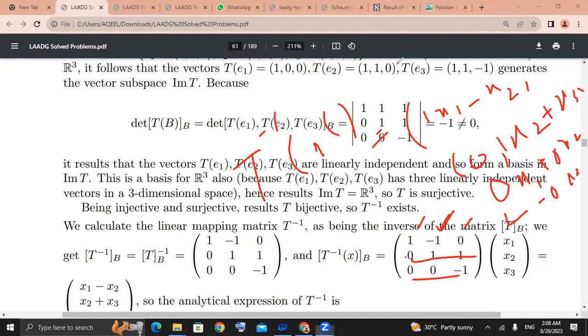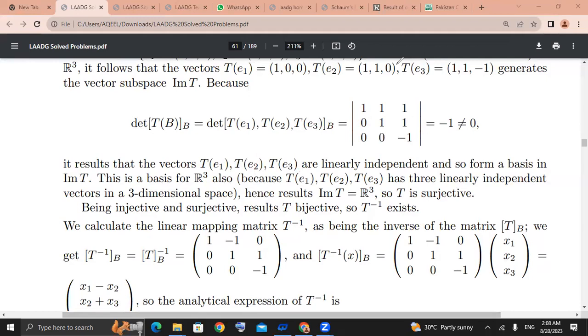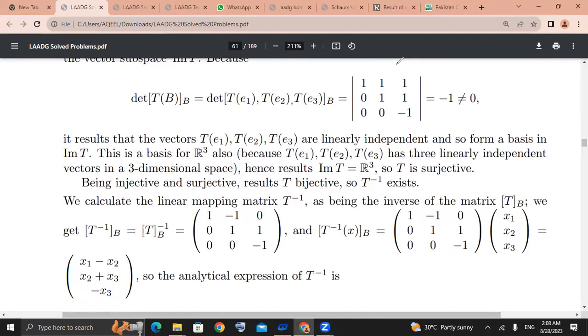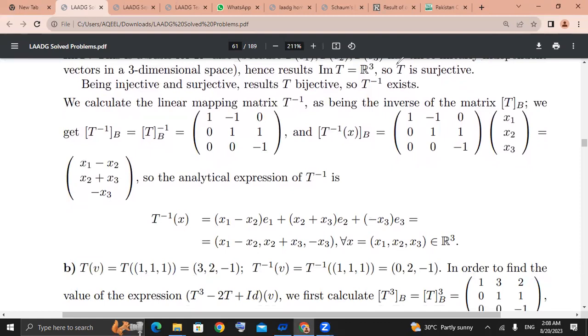You have obtained x1 minus x2, x2 plus x3, and minus x3. This is the inverse. Is it clear?